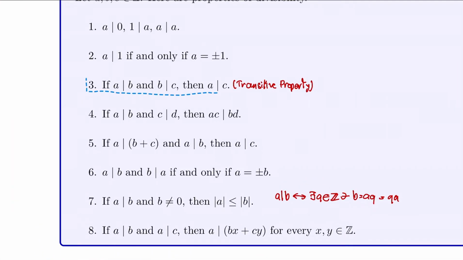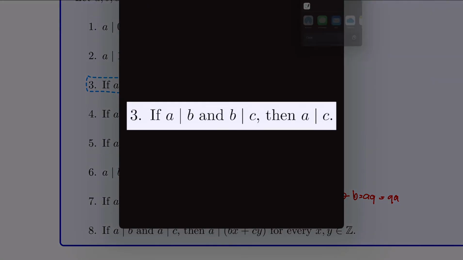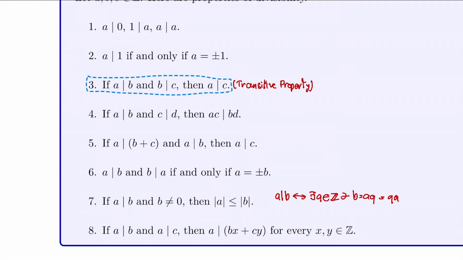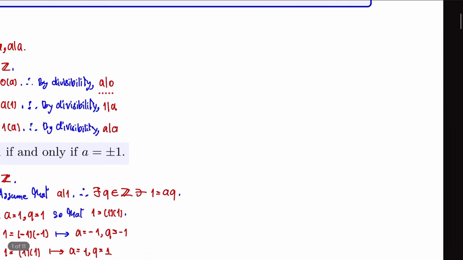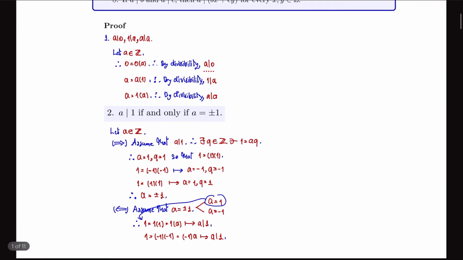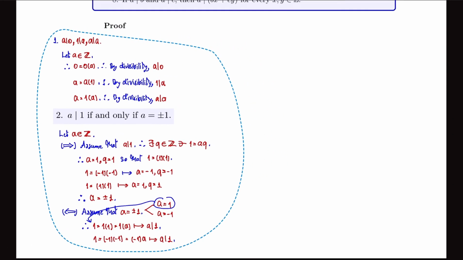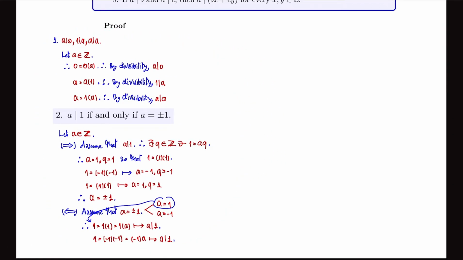Now let's go to the third one here, transitivity under divisibility. So what can we do with this? Now let's go to here.